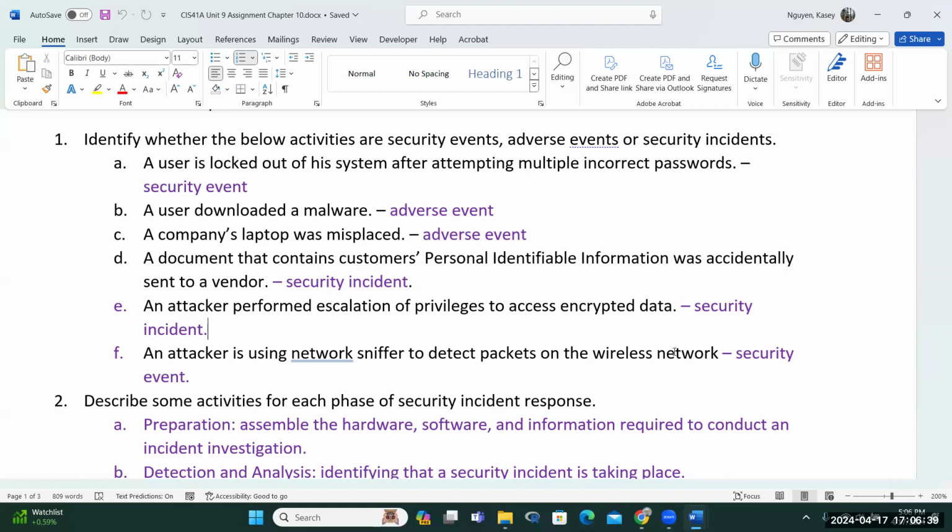Sniffing is not against policy. We use the same thing for monitoring. So to detect packets on the wireless network, if it's a public network, they can sniff. But if they're using the packets to cause malicious actions, then it becomes a security incident, right? But then also, it comes back to the company. If the company prevents all scanning, period, then we have to have measures to be able to do that.